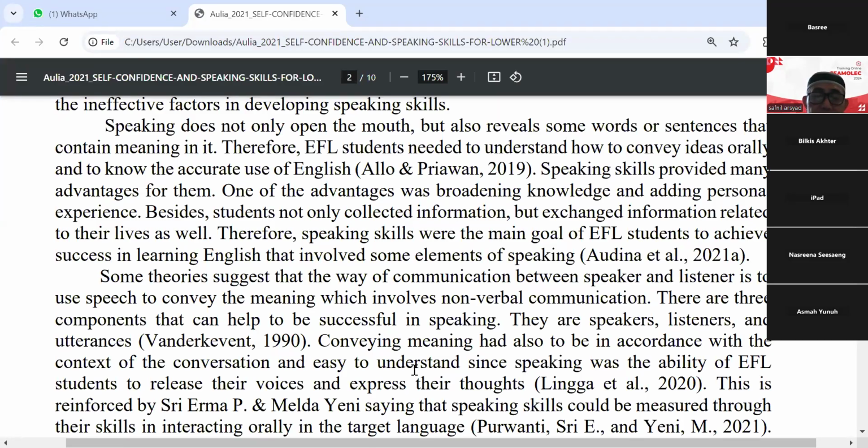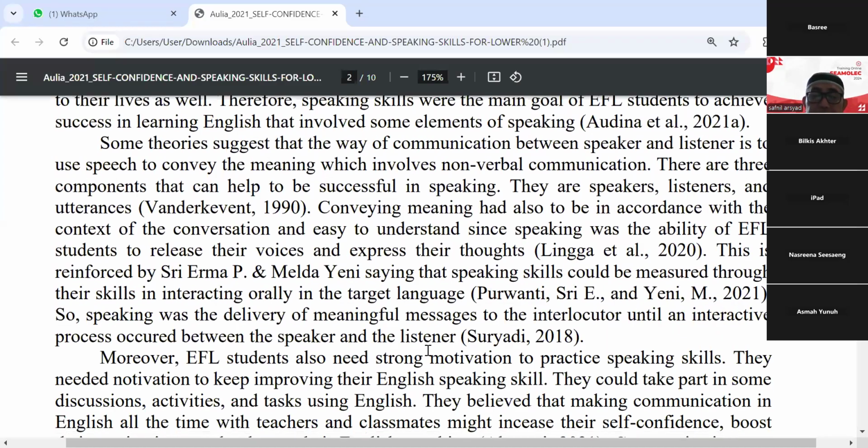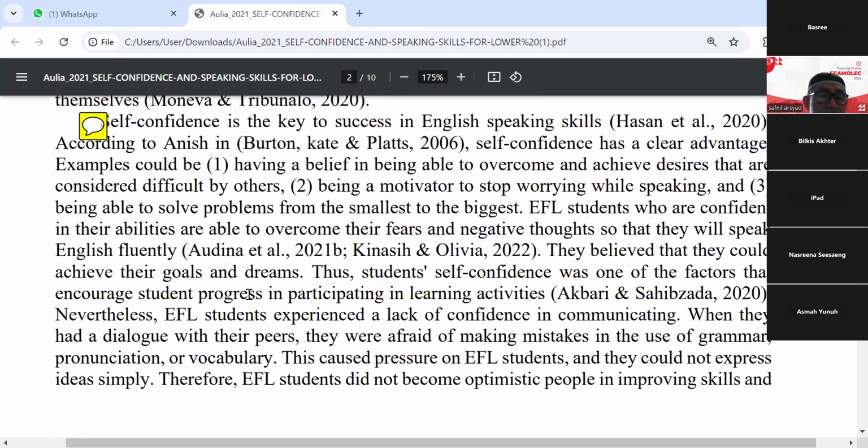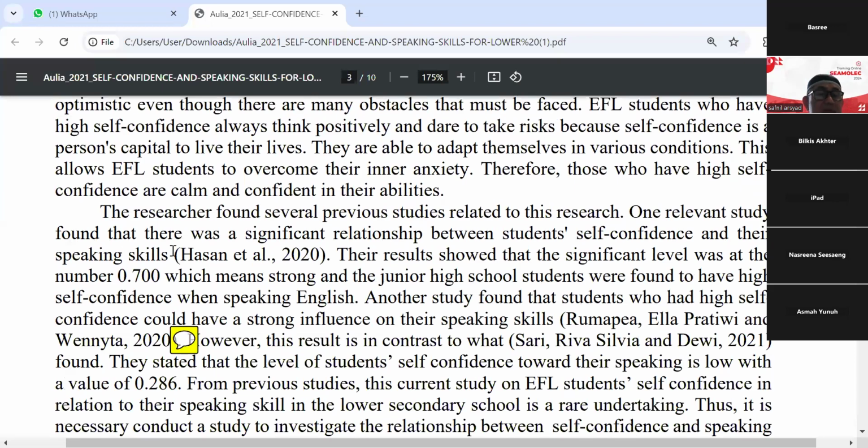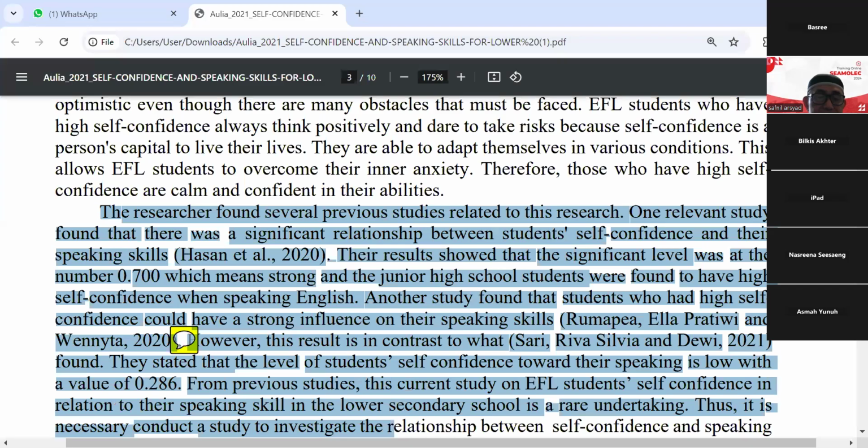So this is not a research result. This is the opinion of Vander Kevin, not a research result. Only this one is the literature review. This is what we need.